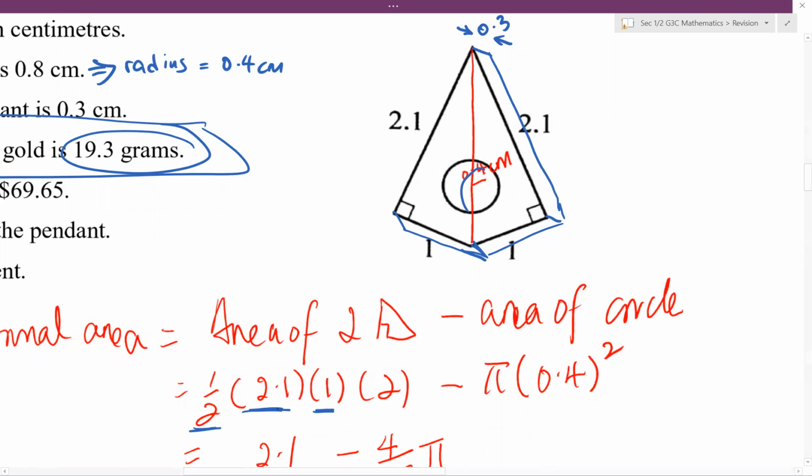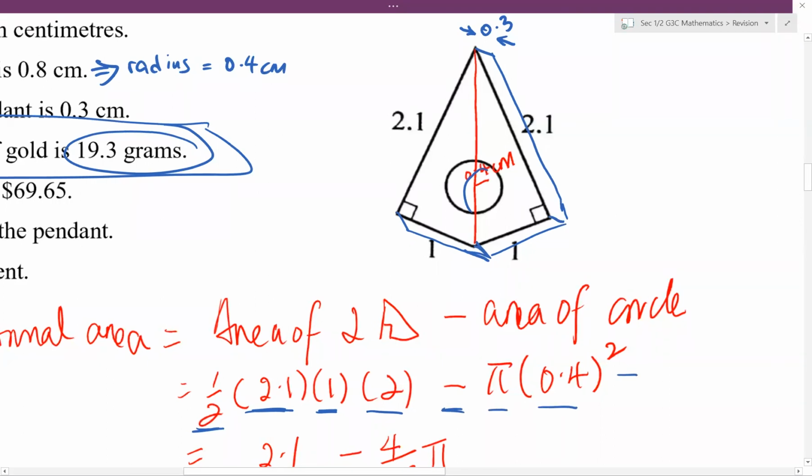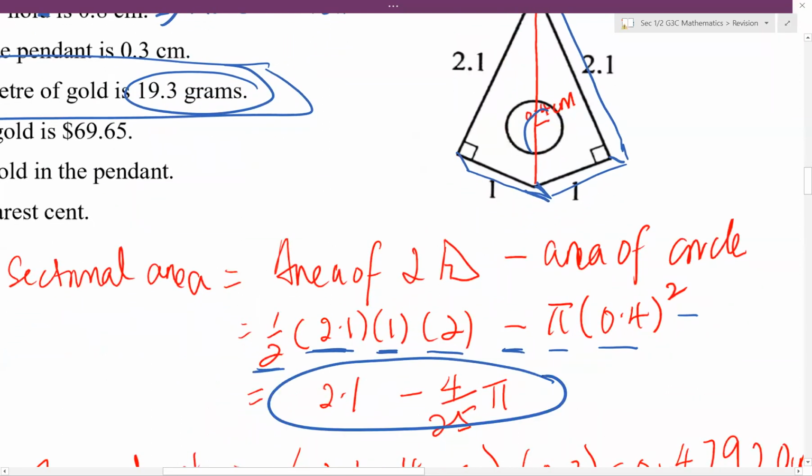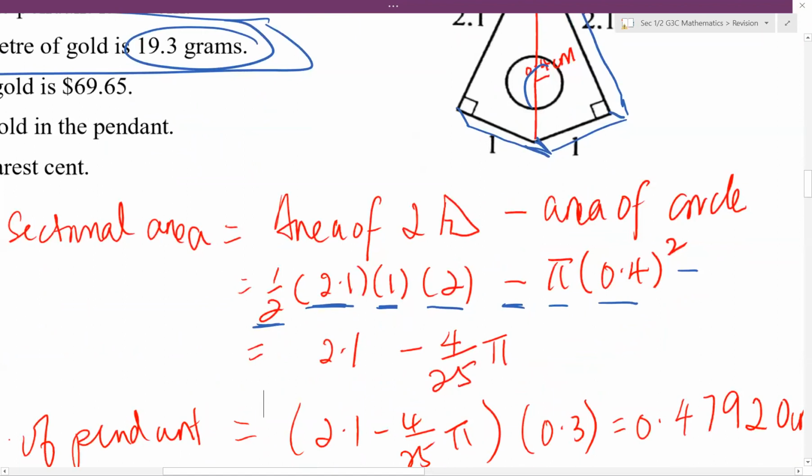But we have 2 triangles. So you times 2. They are symmetrical triangles. So times 2. Oh, but there's a hole over there. We need to remove the area of that hole. So you minus away pi r squared. This will give us the exact area in terms of pi for the pendant.